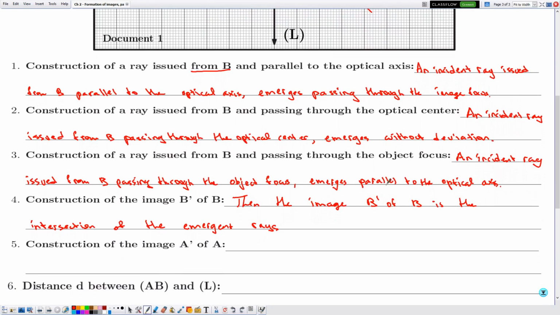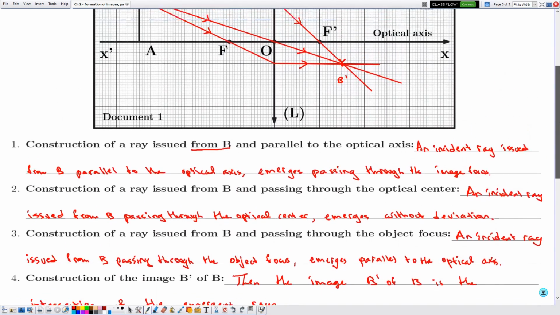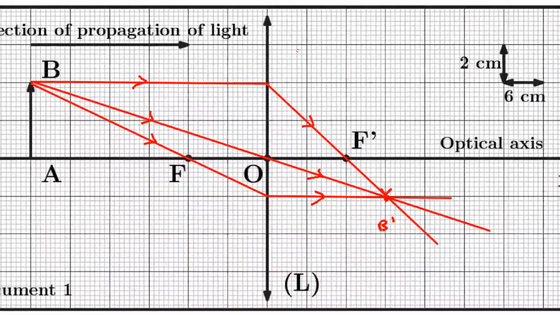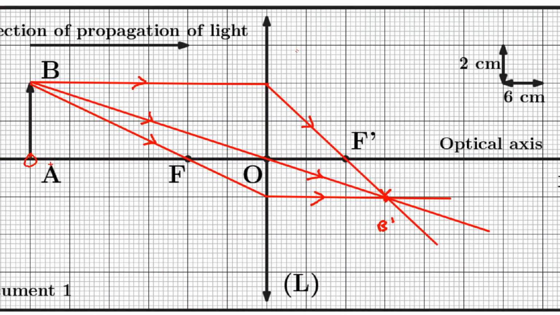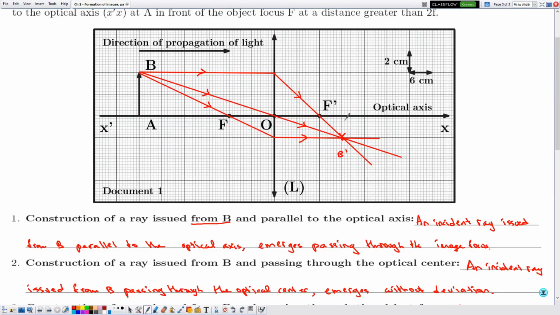And now in part 5 they are telling me construction of the image A prime of A. Now the point A represent the foot perpendicular of B on the optical axis. Therefore A prime will also represent the foot perpendicular of B prime on the optical axis. Okay, and now let's trace the image A prime B prime.